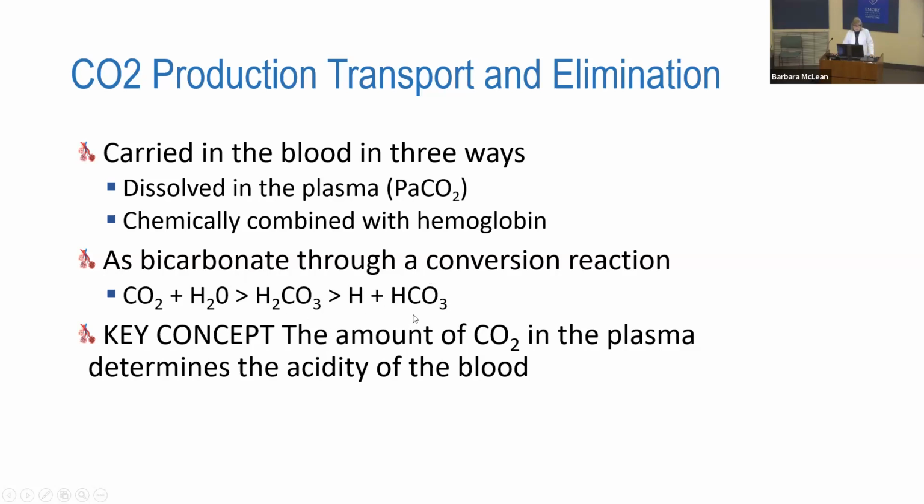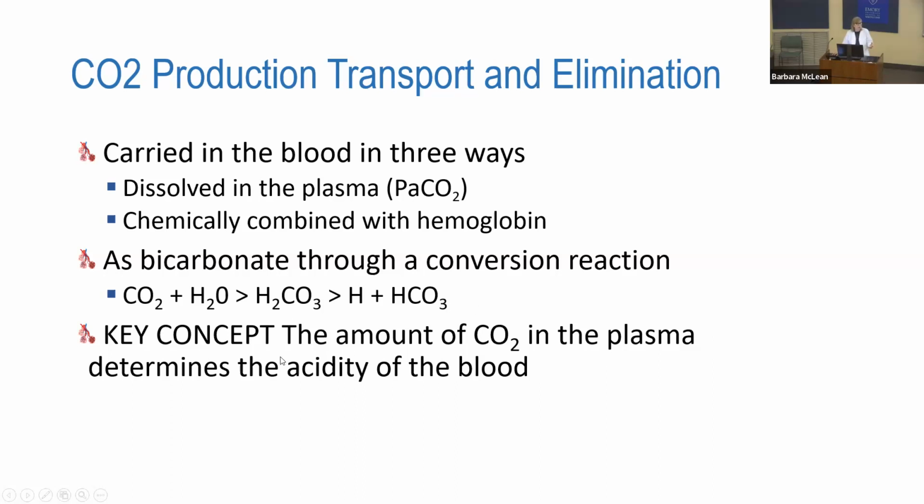Okay, now this process right here requires kidney function. So if I'm retaining CO2, I'm not able to exhale my CO2 and my CO2 goes up, I must have normal kidney function to convert that CO2 ultimately to bicarb. That is done at the kidney.